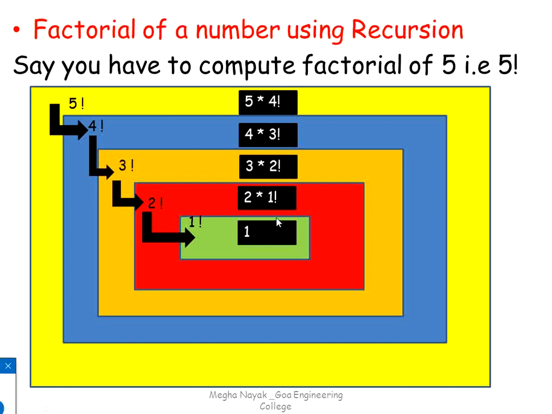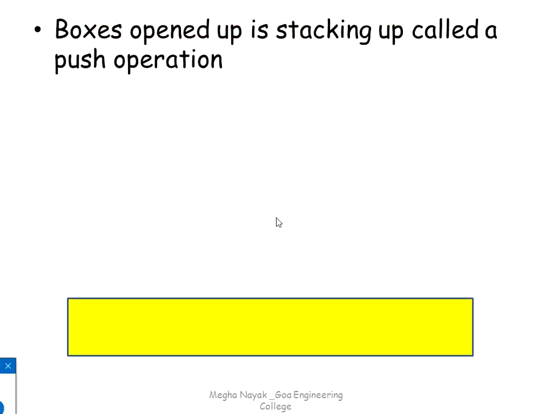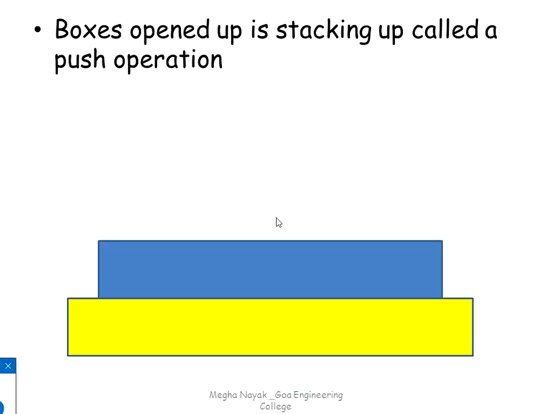So what is this opening up of boxes in analogy to? In computer language, when you open up the boxes, you open up one box and keep it at the side. Then you open up the blue box and put the blue box on the yellow box. Then you open up the orange box and put the orange box on.